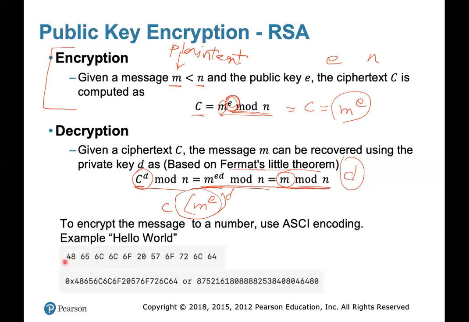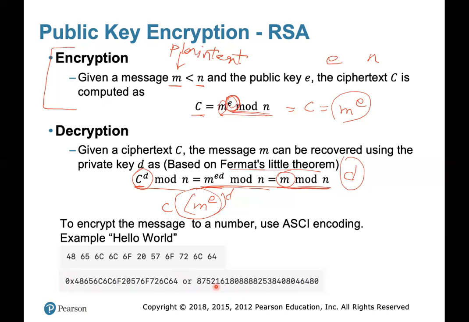So you see here 48 appeared here, and then we have 65, then 6C, 6C, another 6C, 6F, 20. And then of course, this is a big number. It's in hexadecimal, and we can convert it into decimal. In decimal, it's going to be this number. And now we can start the encryption based on this number. We do the same thing when we want to do the decryption.